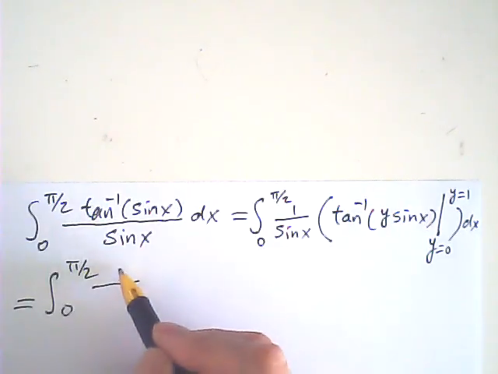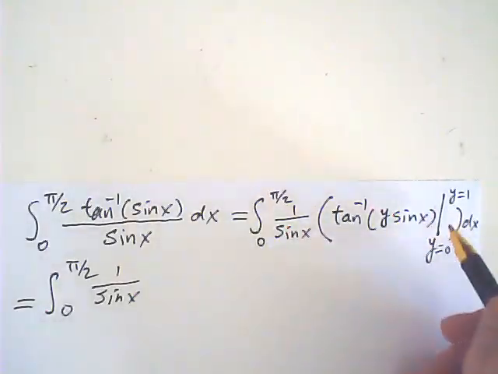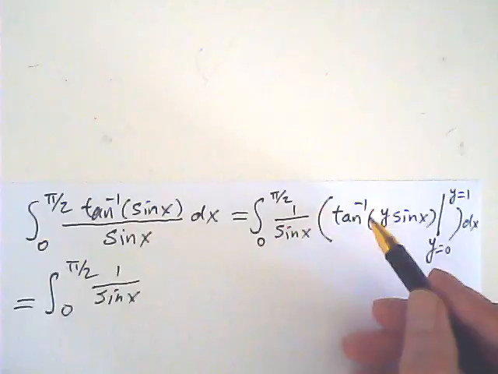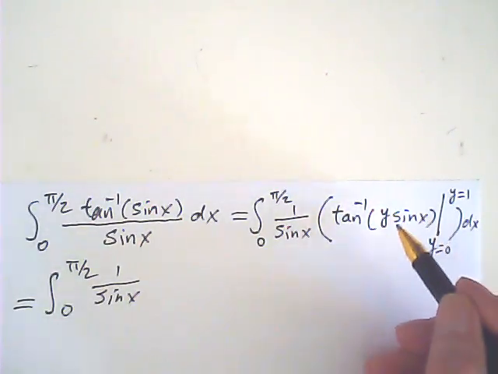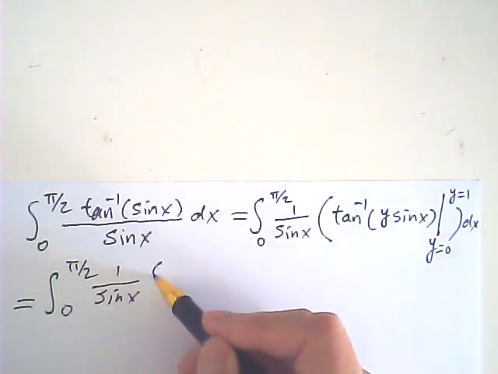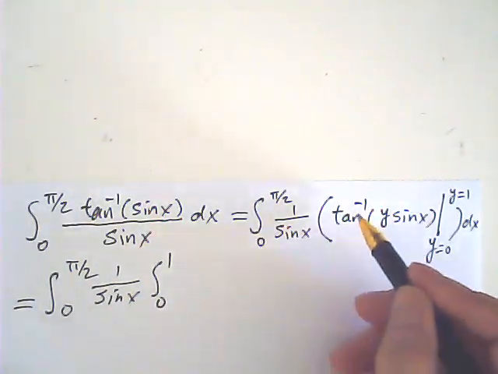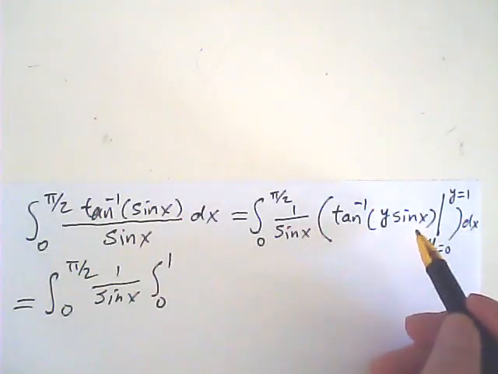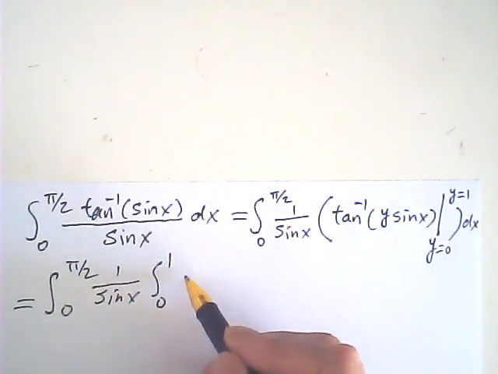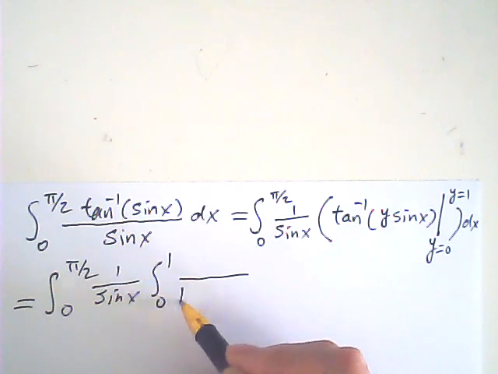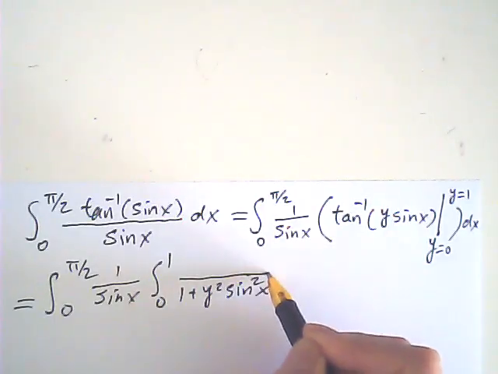Now, this is sine x. So this is a definite integral, right? This is the antiderivative of some function, which is the integrand function, the derivative of this with respect to y, that is equal to 1 plus y square sine square x.